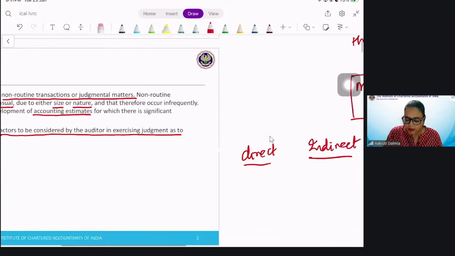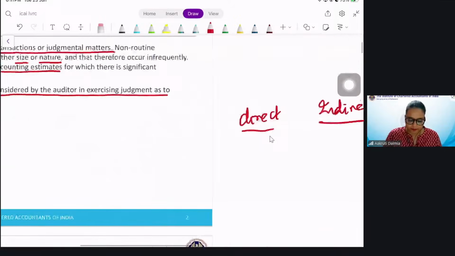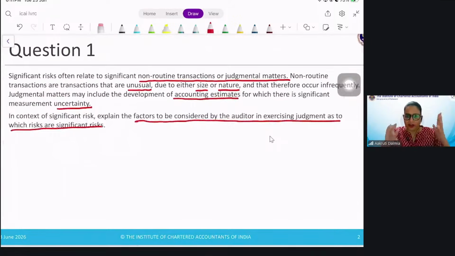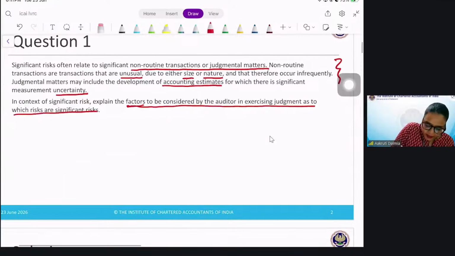Quickly, students, tell me immediately, which kind of question do you think it is? Direct, indirect, drafted. Quickly, just try to think. It is a direct question. Why? This is generic information given to you, but basically it's a very straightforward question from the book.